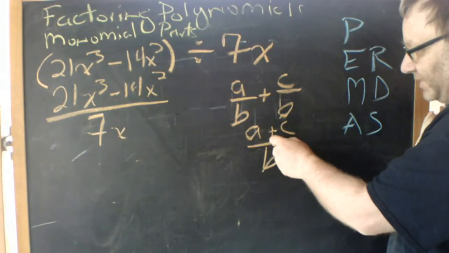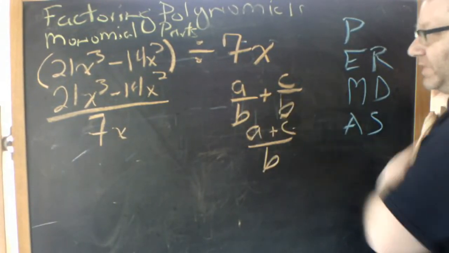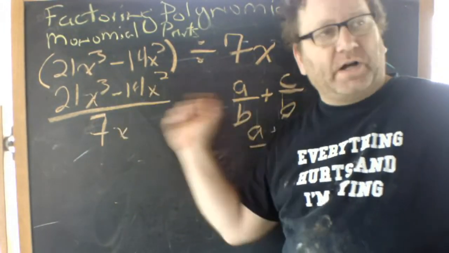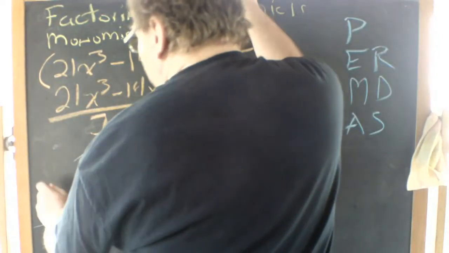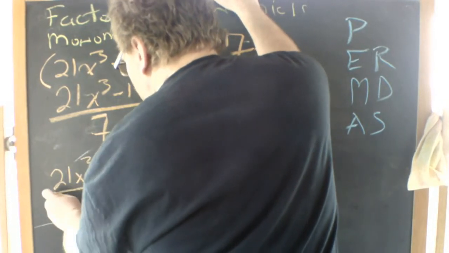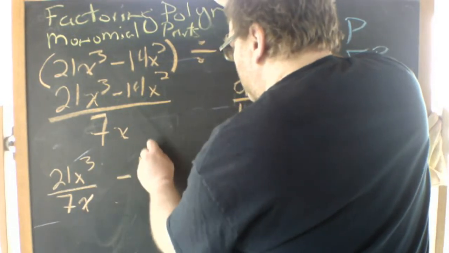So if I start here, I have some addition or subtraction upstairs, I can break it into 2 parts. Or 3 parts, or 4 parts, or however many parts are in this polynomial. So, I break it apart.